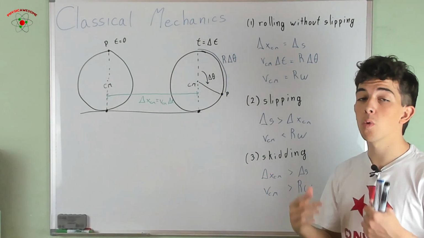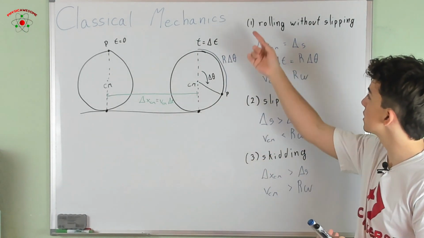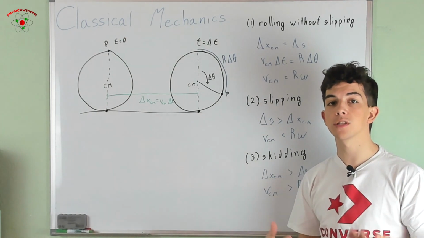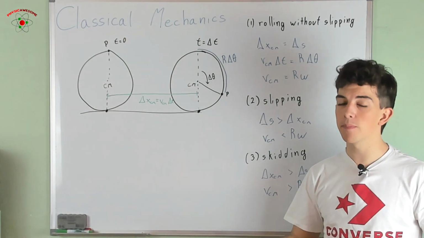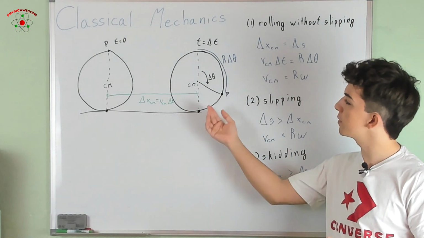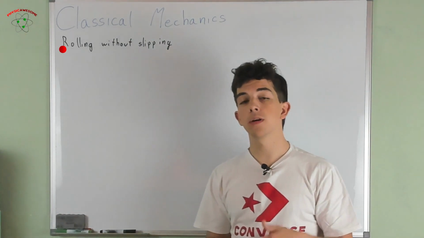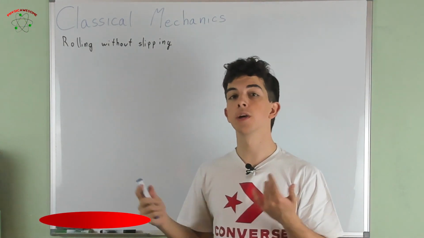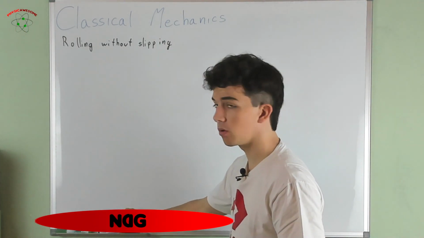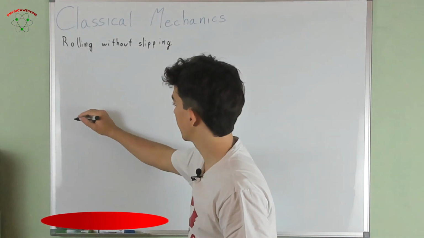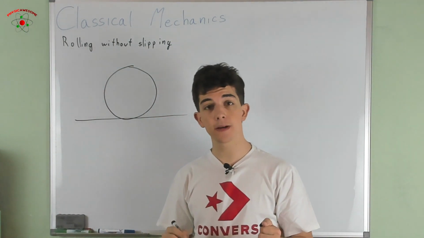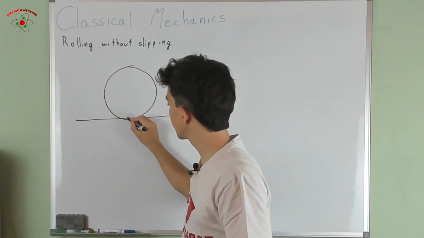From now onwards, we will solely analyze the case of rolling without slipping, as it's the simplest one and it's the one that allows us to get really deep into the different variables and magnitudes that appear in this problem. Now, let us analyze more carefully what happens in the case of rolling without slipping. Imagine that we have our ball again in the ground frame, and we're specifically interested in the contact point.